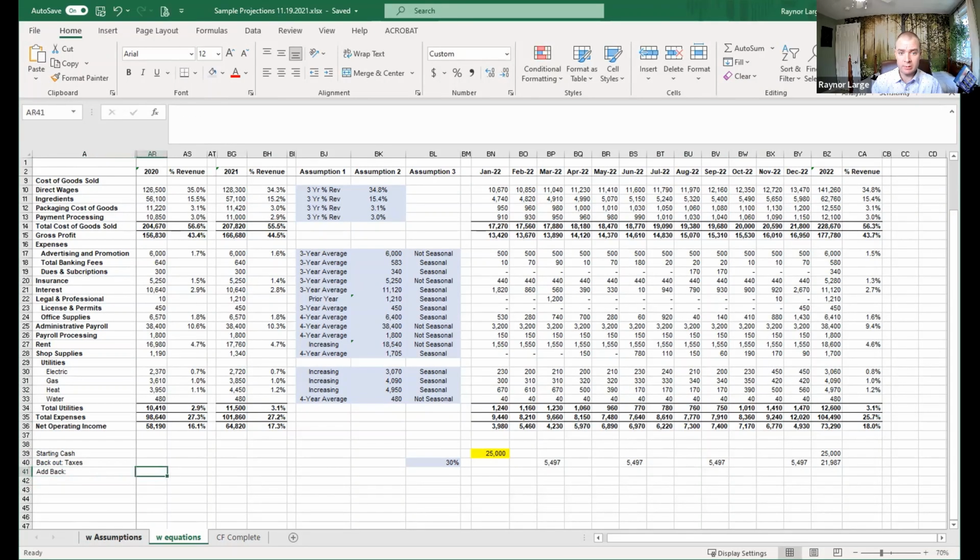And the easiest way for me to do that is I'm going to add back interest, which I think I do account for here. And then I'm going to back out my full monthly payment.